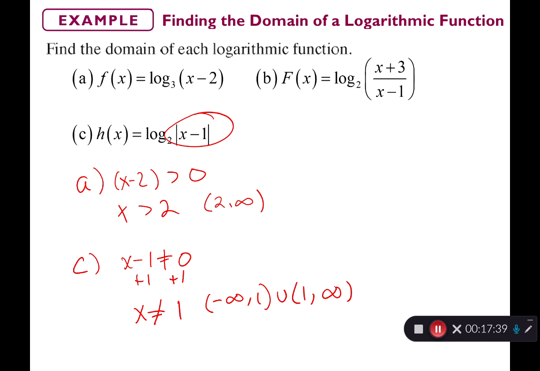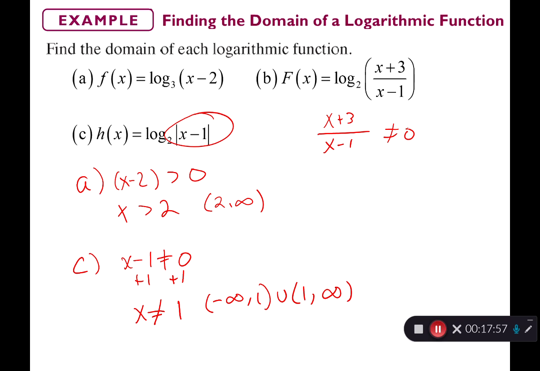All right, so let's take up B. Again, B is an interesting one. So let's start with our result. Remember, our result is x plus 3 over x minus 1, and it cannot equal 0.